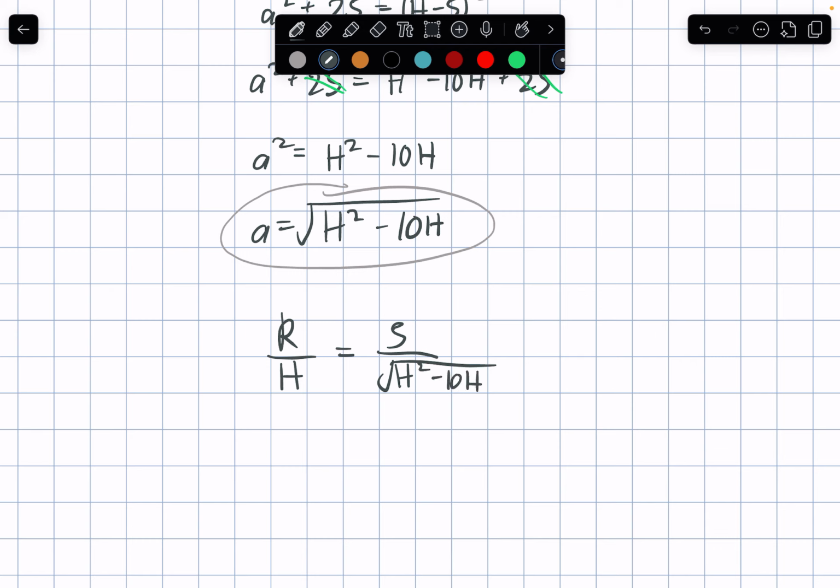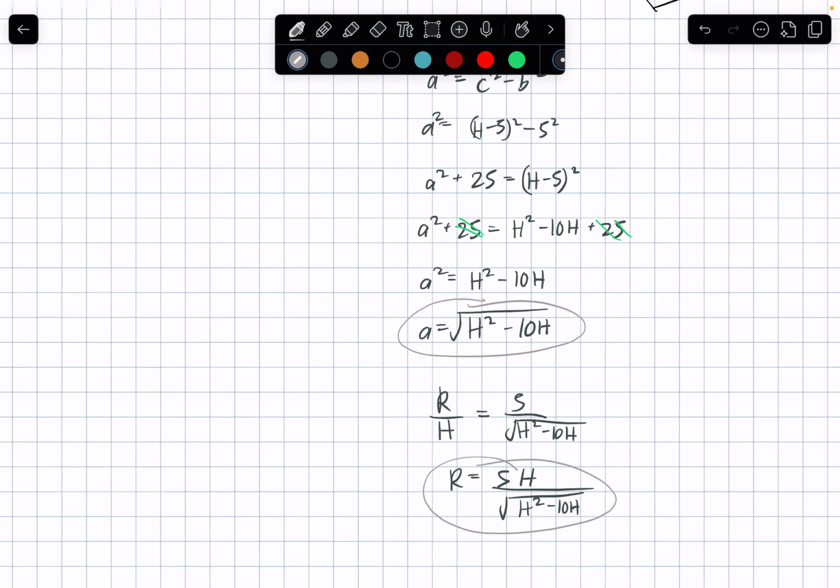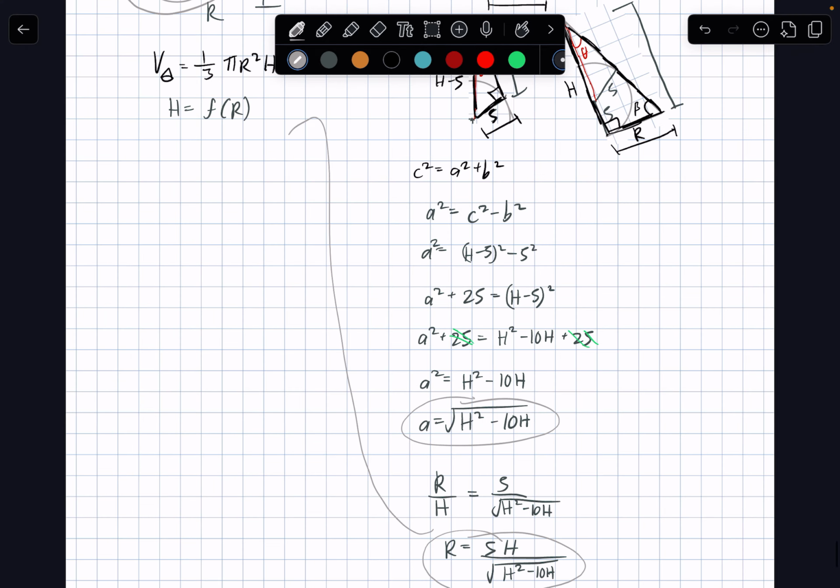So square root of h squared minus 10h. If you want to express r in terms of h, we write this. And then from there, we substitute that to the volume formula.